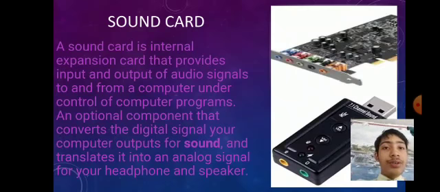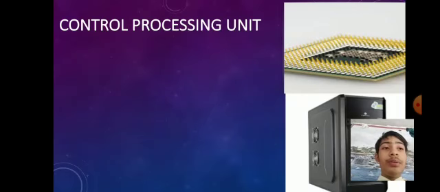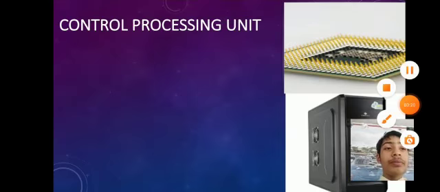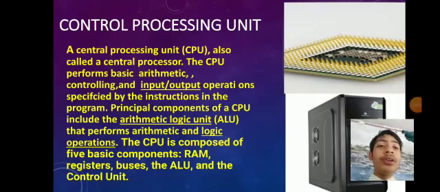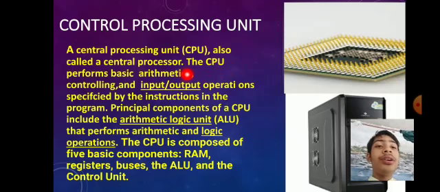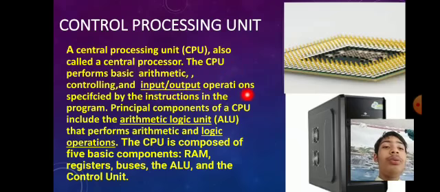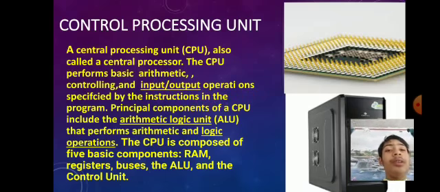Next you can see the CPU, central processing unit, also called a central processor. The CPU performs basic arithmetic, controlling, and input-output operations specified by the instructions in the program.